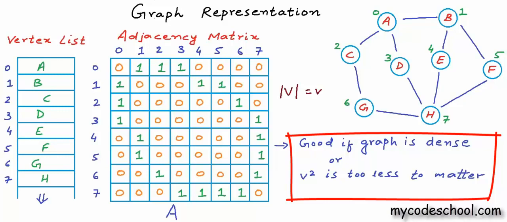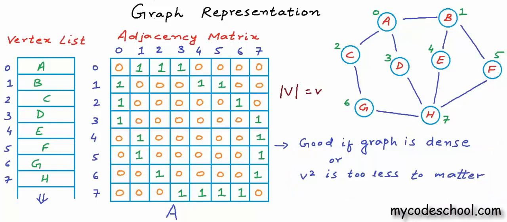Let's think about another example. Let's think about the World Wide Web as a directed graph. If you think of web pages as nodes in a graph and hyperlinks as directed edges, then a web page would not have links to all other web pages. And once again, the number of web pages would be in the order of millions.